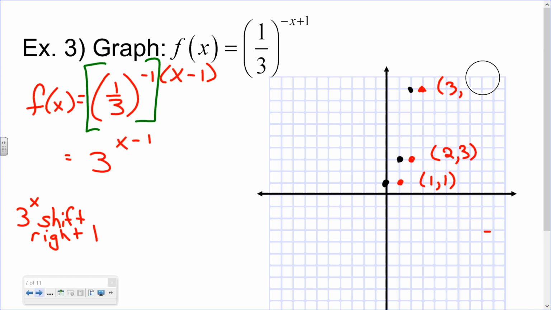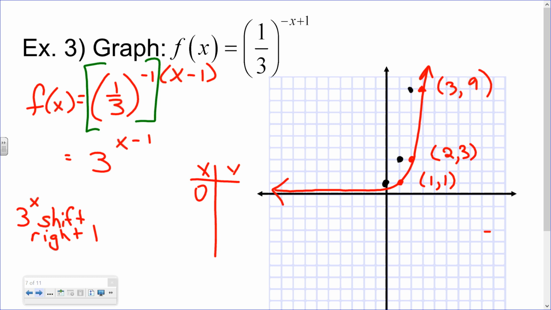No, 3, 9. Did I graph that one right before? 3, 4, 5, 6, 7, 8, 9, yeah. Does that look right for those points? My final graph is the only one that needs to be solid. And then I get my y-intercept. If x is 0, I have 1/3 to the first. So there's my y-intercept.